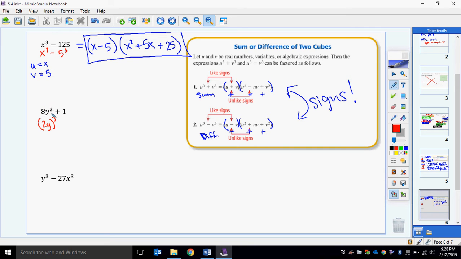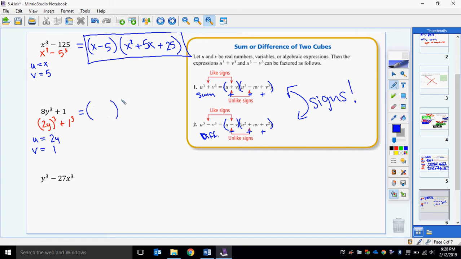So this first term is 2y being cubed. The second term is the number 1 being cubed, right? Because 1 times 1 times 1 gets me 1. So I have two things being cubed here, which means I know my u value and my v value. My u is 2y, my v is 1.